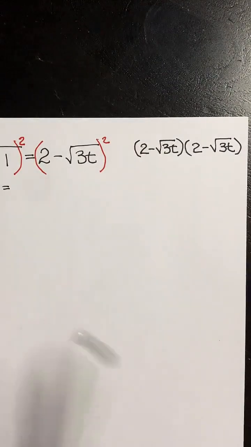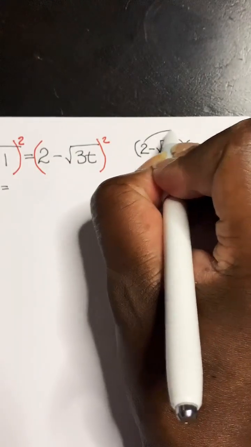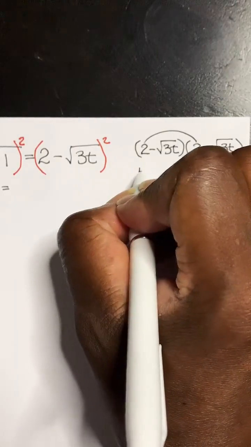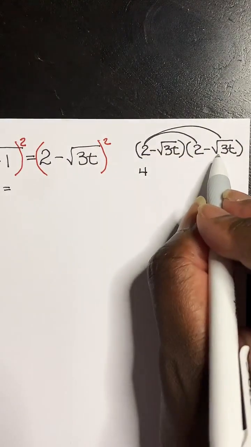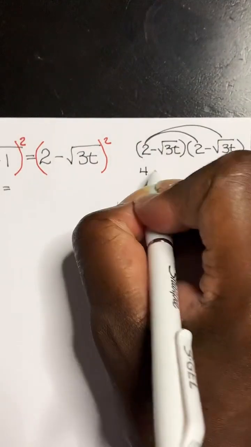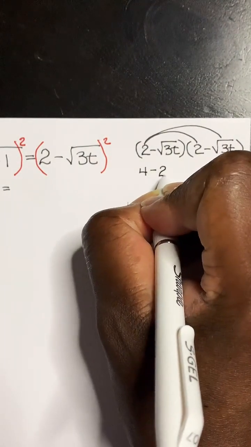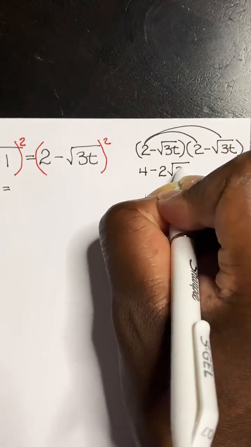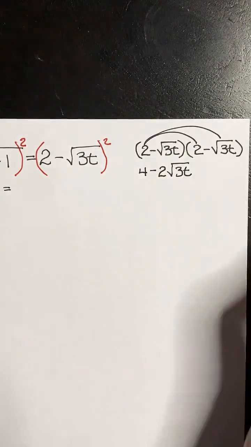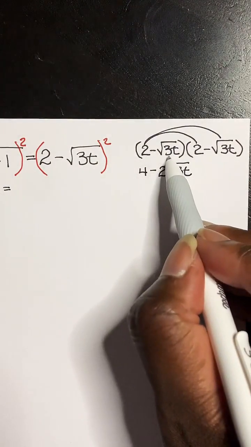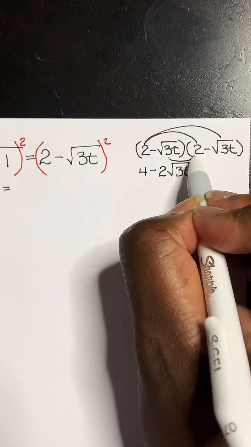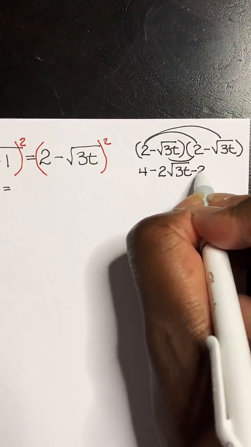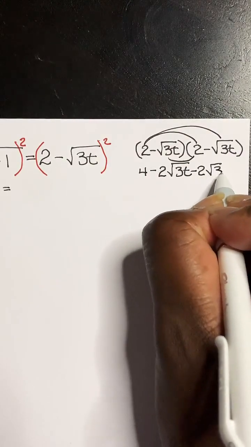Now when you do the distributive property, you have 2 times 2, which gives us 4, and then 2 times negative square root of 3t gives me negative 2 root 3t. Same thing happens when you distribute the negative square root 3t, so we got negative 2 square root 3t.